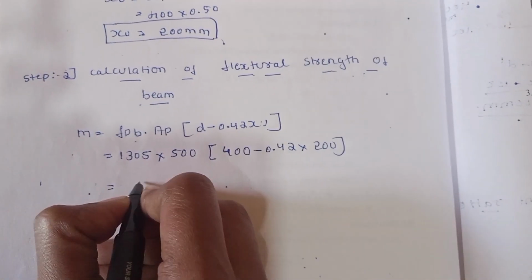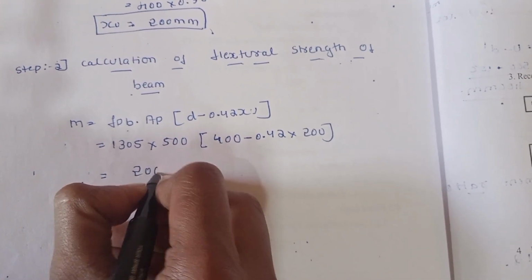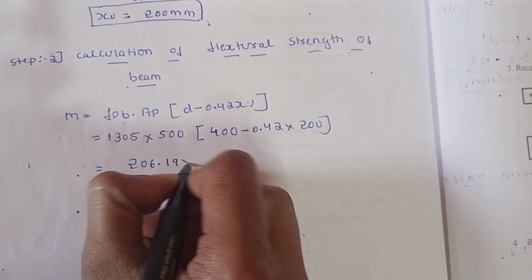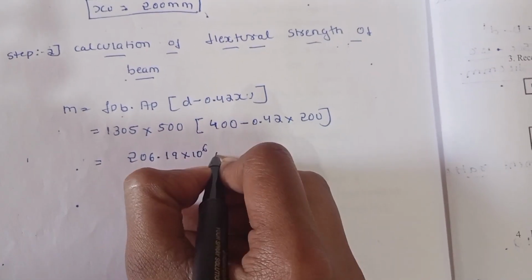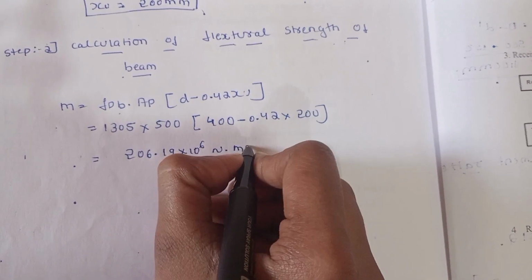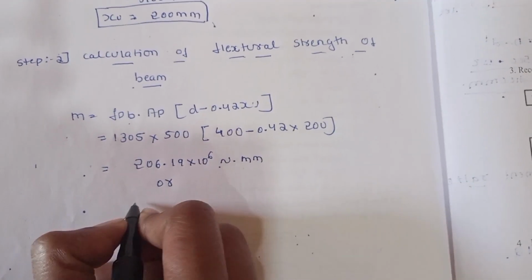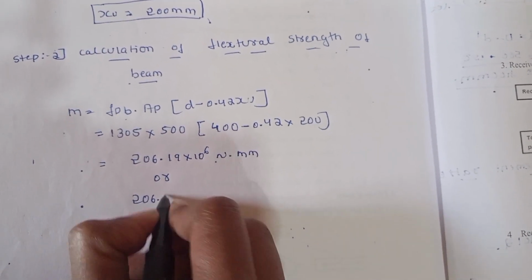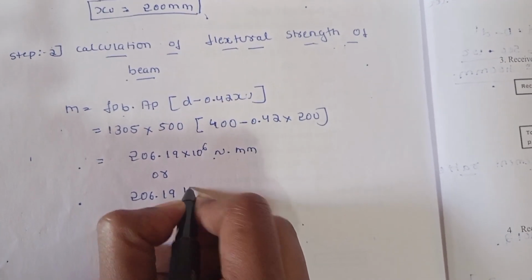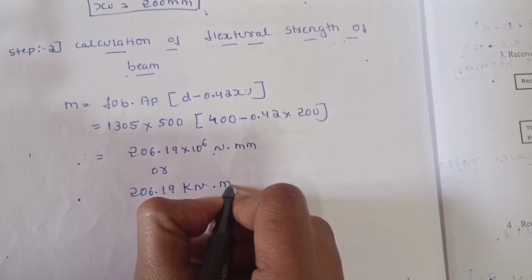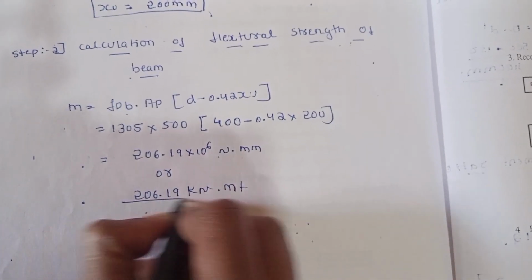We got the answer as 206.19 into 10 raised to 6 Newton mm, or 206.19 kilonewton meter. This is the final answer.